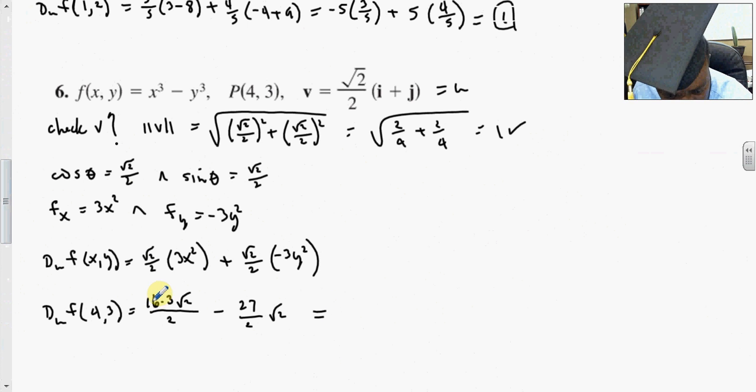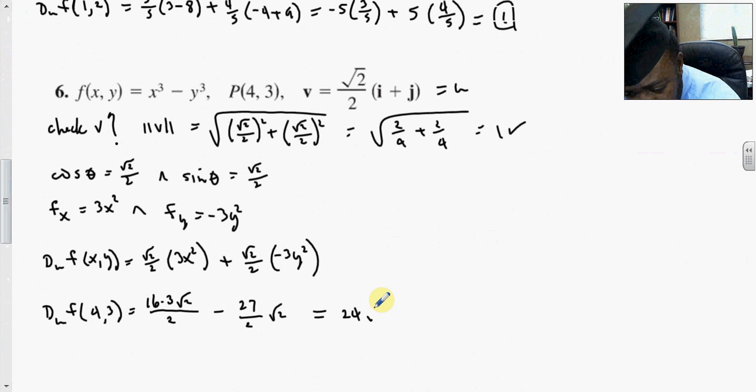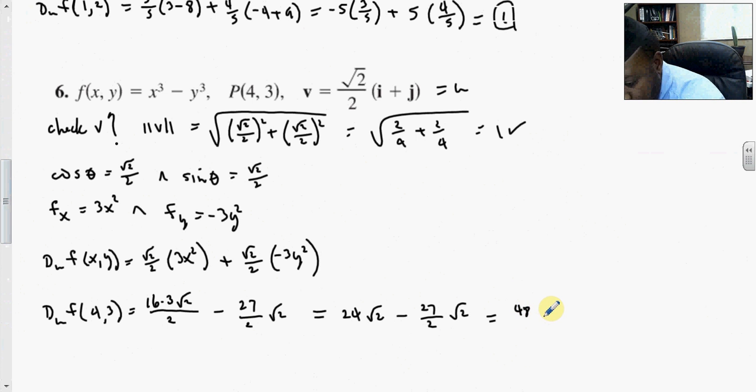So we get 8 times 3 is 24 times the square root of 2, minus 27 over 2 times the square root of 2. So we get 48 minus 27 over 2 times the square root of 2.